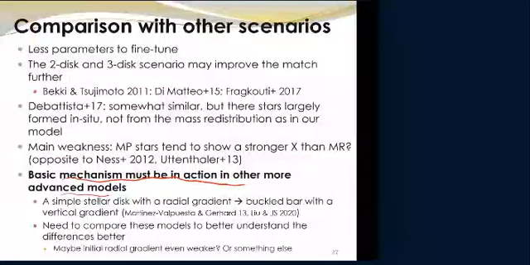As long as you have a simple star disk with a radial gradient, then with this buckled bar, you will end up with a bar with a vertical gradient. And of course, you need to compare these models to better understand the differences.